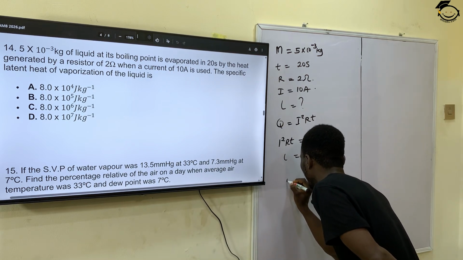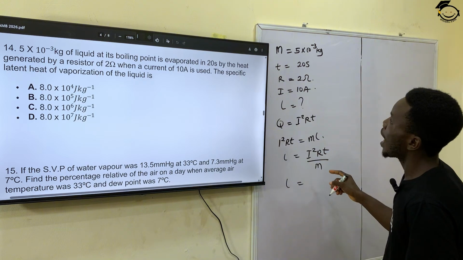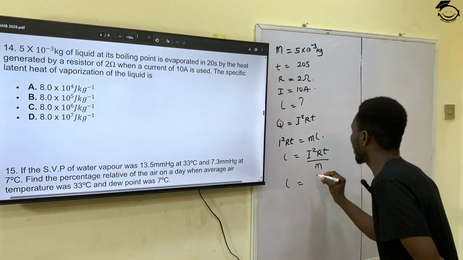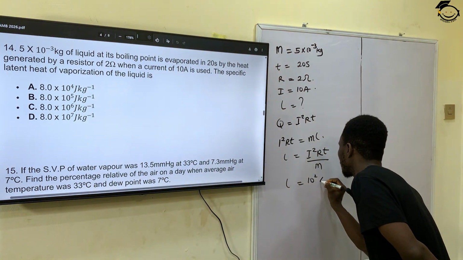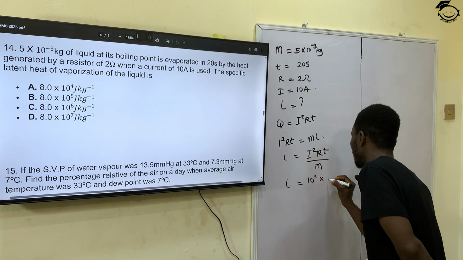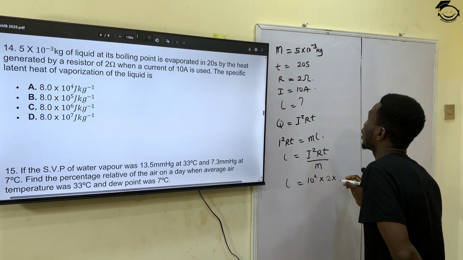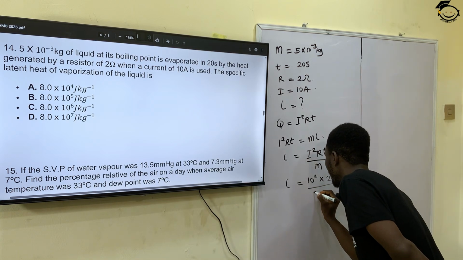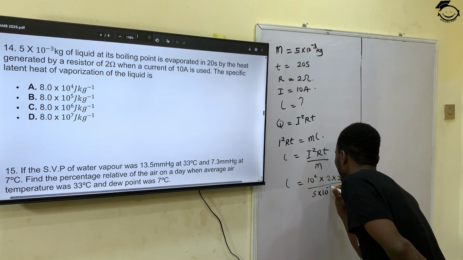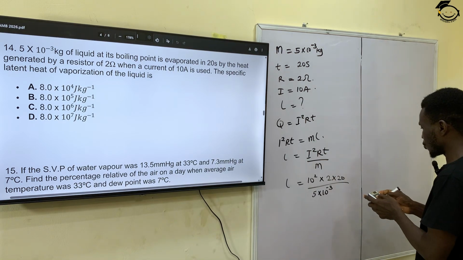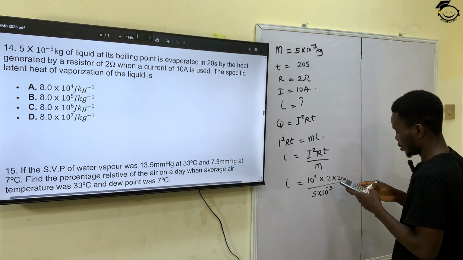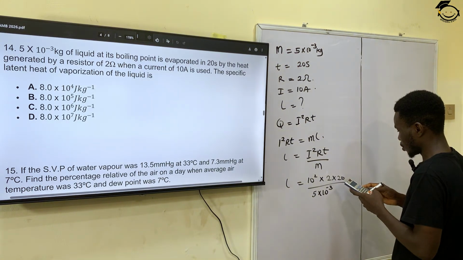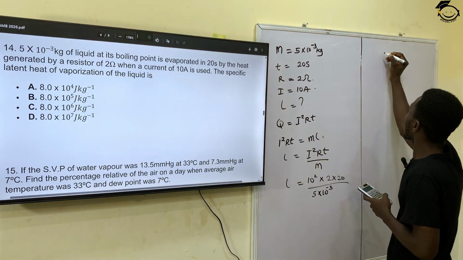This will give me that my L is equal to, so my I in this question is 10. I square this, times the resistance, there is 2, and the time there is 20. This is divided by 5 times 10 raised to the power minus 3. So this will give me 100 times 2 times 20. So I have 4,000.